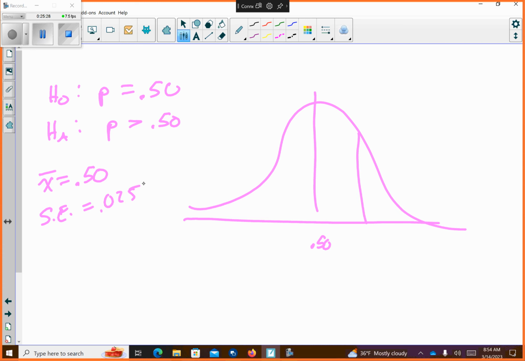So 0.5 plus 0.025 is 0.525, plus 0.025 again is 0.55. The opposite way, we go 0.5 minus 0.025, 0.475, minus 0.025, it's 0.45. Cool.